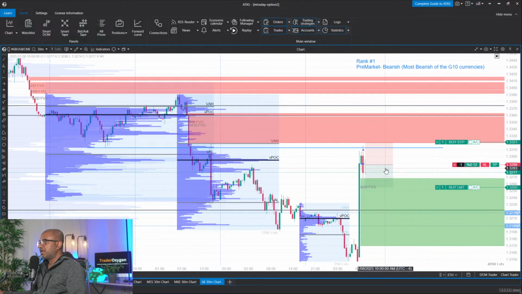For example, here earlier we had a tight stop loss, but now we slightly gave a bit of buffer for the stop loss, and you can see the price is currently pushing down. Let's see what the price would like to do.